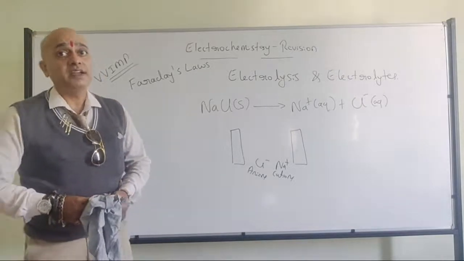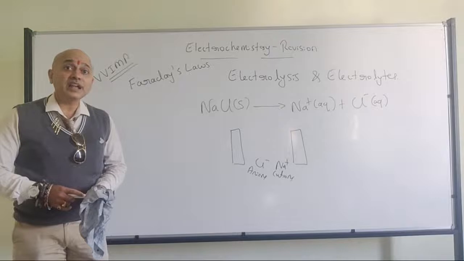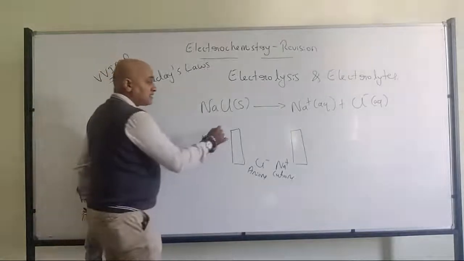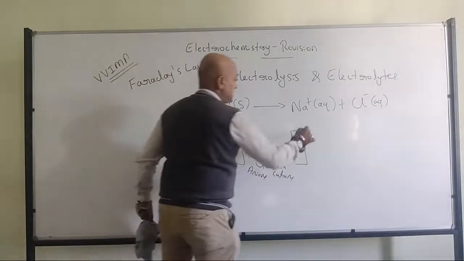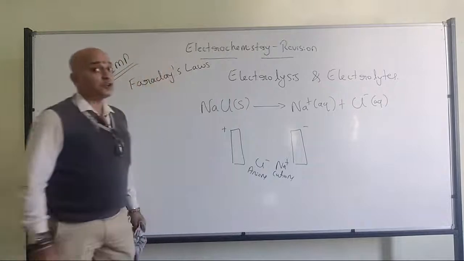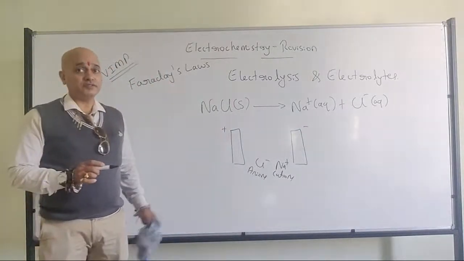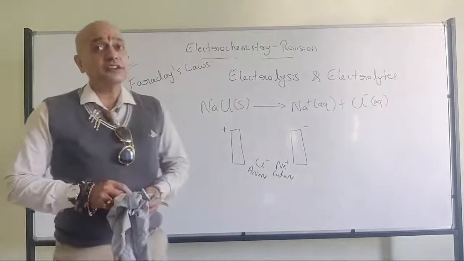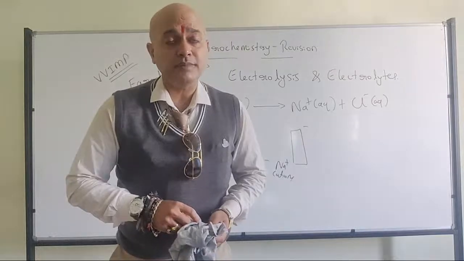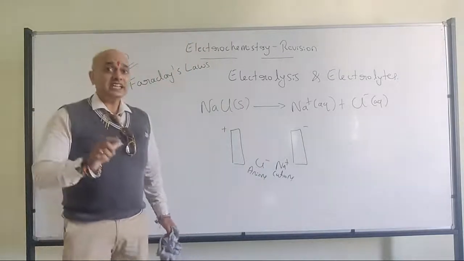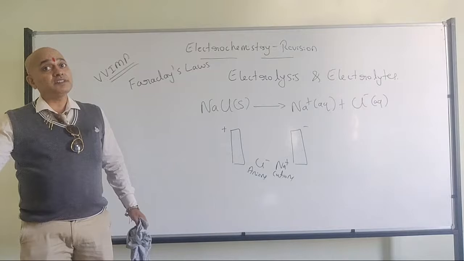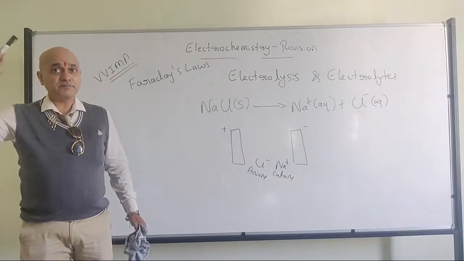Please remember, I am talking about the electrolytic cell where I will consider anode as positive and cathode as negative. Don't get confused. In the beginning of the electrochemistry class I told you anode will be negative and cathode positive with respect to the galvanic cell.